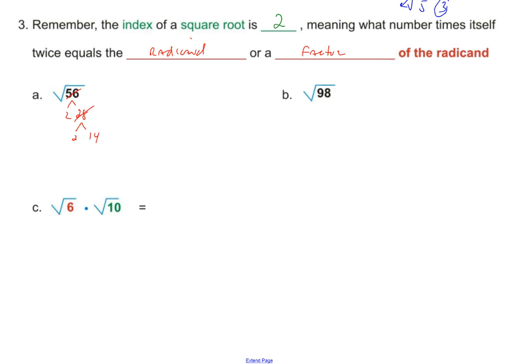Here's why. What's my index? What's the value of my index? 2. How many factors do I need to be able to take a square root? The point is I need 2. Do I have 2 2's? I do. I have 2 2's.